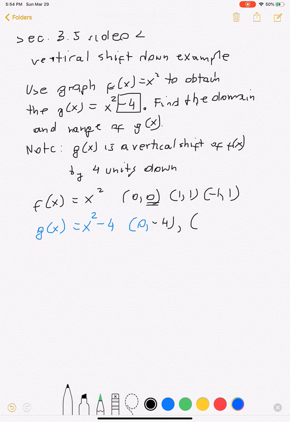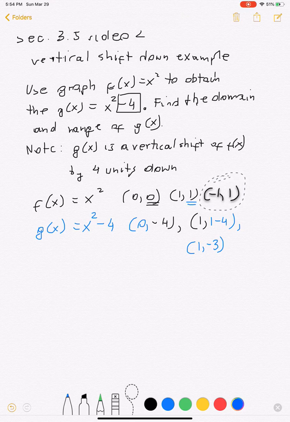Then for the next point, we're going to use exactly the same x coordinate, which is 1, of the second point of the original graph. And the y value, you take the original y value, which is 1, and subtract 4. So that point will become 1, negative 3. We're doing the same thing with the third point.